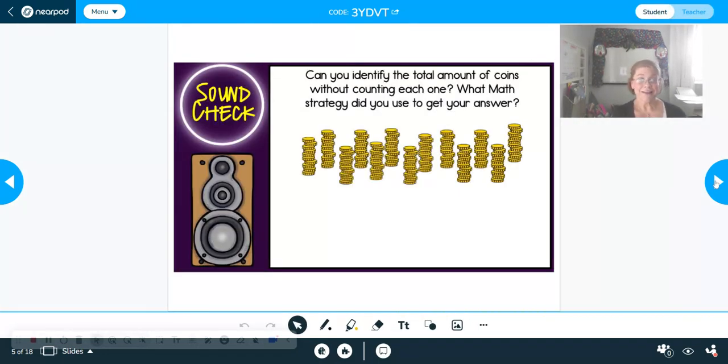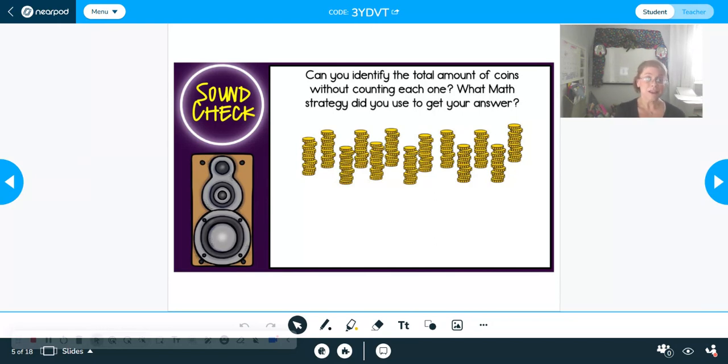Our sound check for this lesson: can you identify the total amount of coins without counting each one? Then, what math strategy did you use to get your answer? So, yes, it is coins. I know you're like, hey, you said that we weren't using money. It's not like money. It's not like a specific amount of coins.